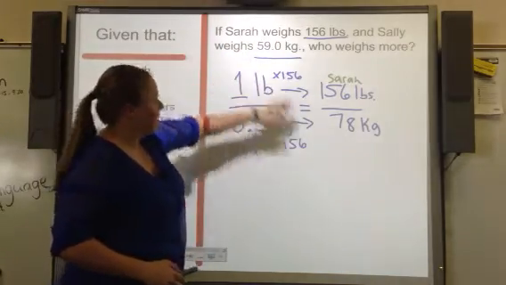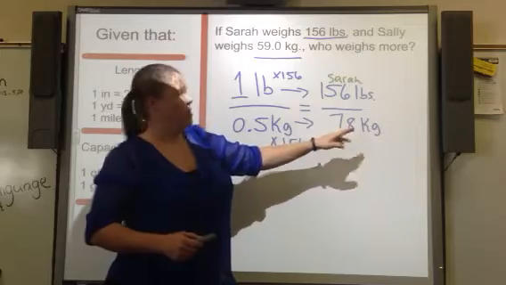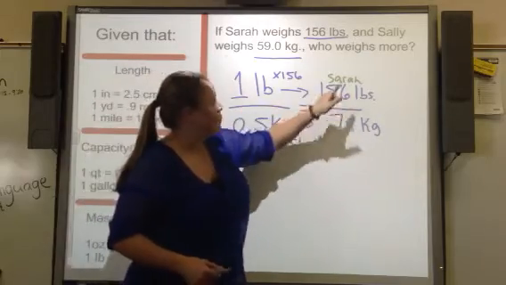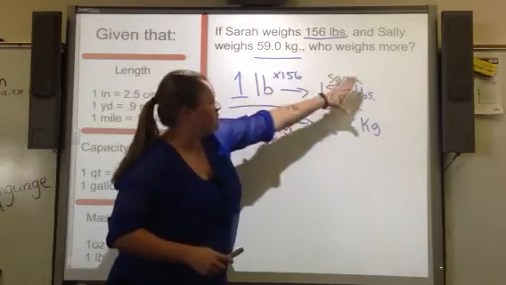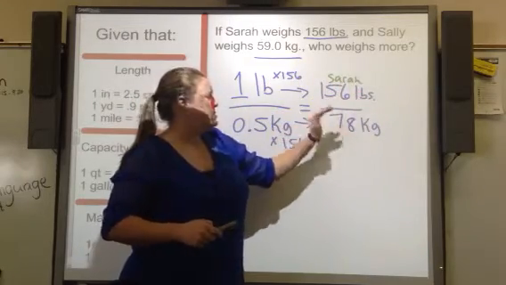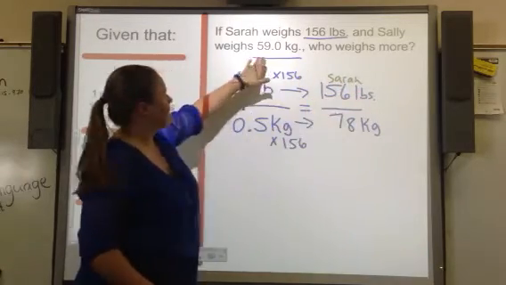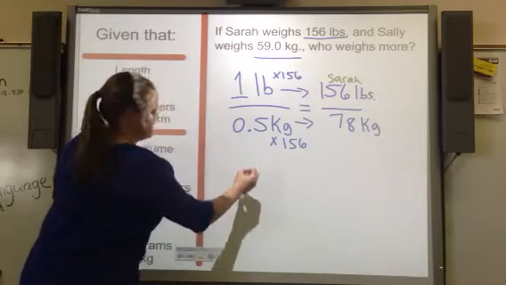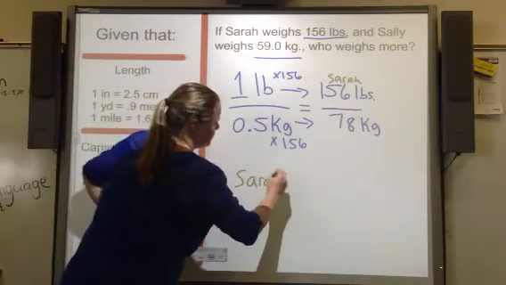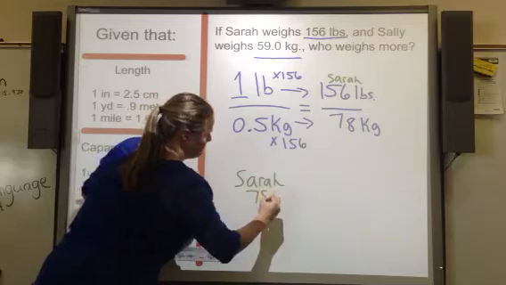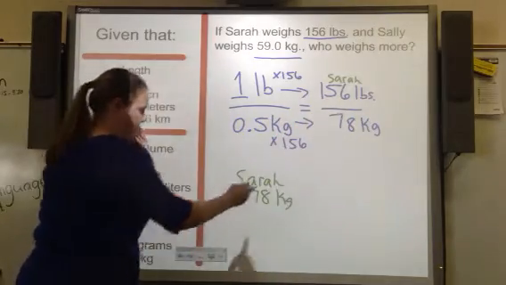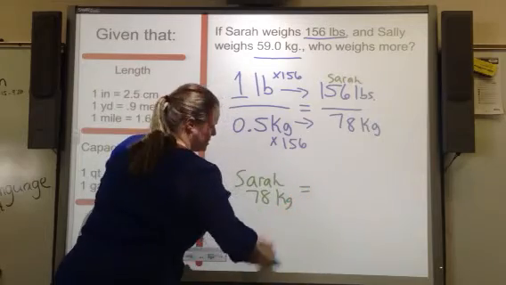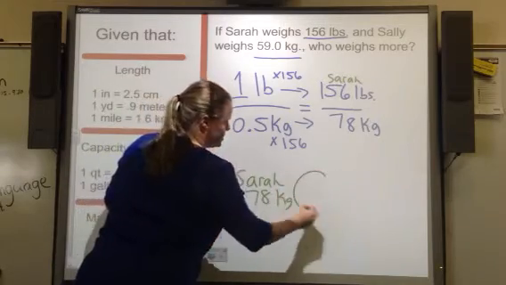So Sally is less than this number, which tells me that Sarah weighs more in this problem. Sarah is 156 pounds or 78 kilograms, and Sally is 59 kilograms. So I'm going to put Sarah, 78 kilograms, because all of this is Sarah's information. Well, not equals. Put our circle there to compare.